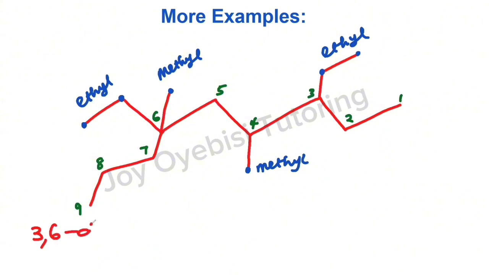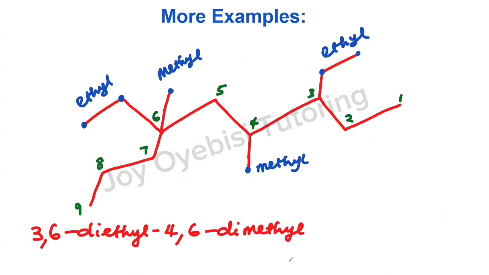So 3,6-diethyl, then go on to your methyl, 4,6-dimethyl. And since the longest chain is 9, 9 is non, and this is an alkane, it ends with ANE. So the name of this compound is 3,6-diethyl-4,6-dimethylnonane.